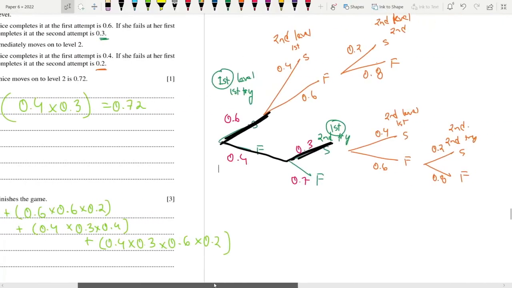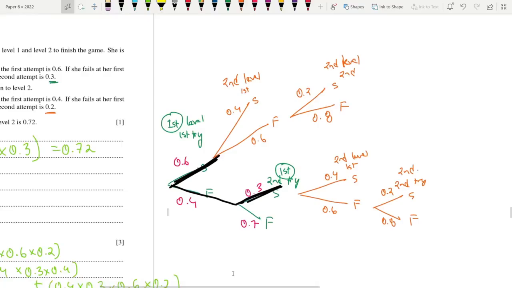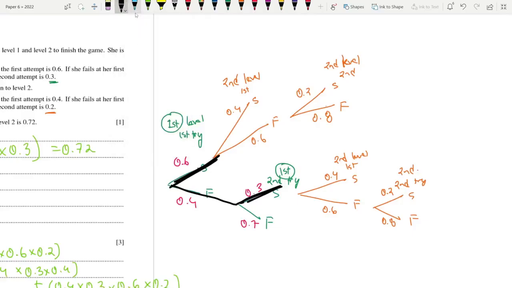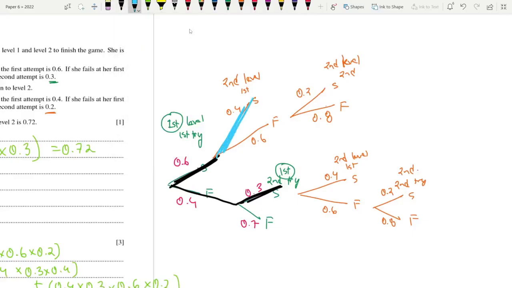A few possibilities were present. What were they? One possibility is this path. Afterwards you could go for this. You win, or you fail, then win, or you directly win in this route. So there are three routes basically.